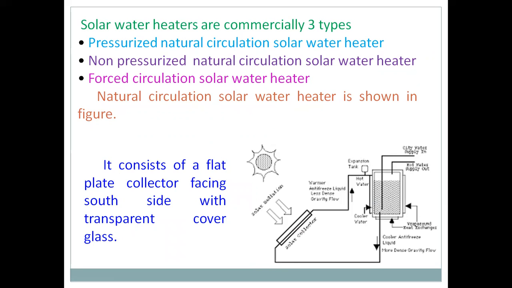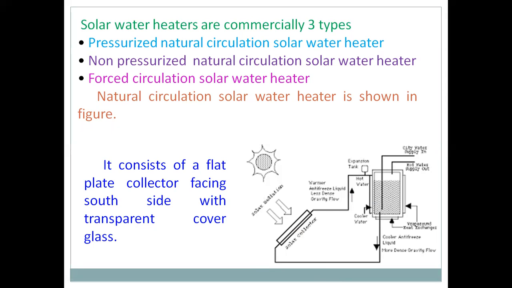There is no water heating, so east is not good. If the flat plate collector faces the west side, in the morning the shade falls on the collector, so the water does not heat. But in the evening session, or from the afternoon, the light rays are normally incident on the flat plate collector. So in one session the heat is not received by the flat plate collector.